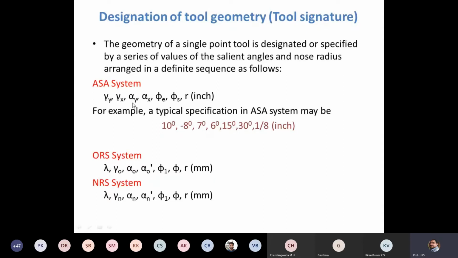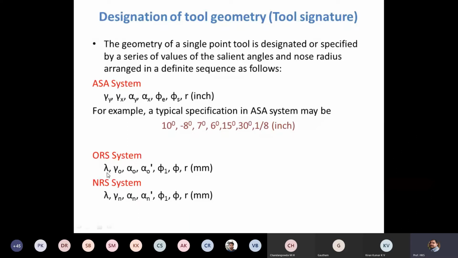This is the back clearance angle, this is the end clearance angle, this is the end cutting edge angle, this is the principal cutting edge angle, and this is the nose radius. In this case, 10 degree is the back rake angle, minus 8 degree is the side rake angle, then the back clearance angle, the end clearance angle, the end cutting edge angle, the principal cutting edge angle, and 1/8 inch is the nose radius.